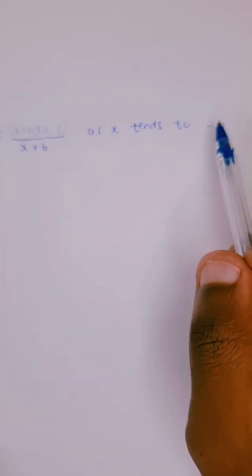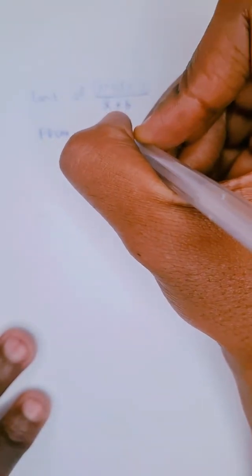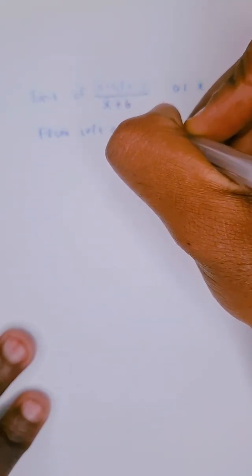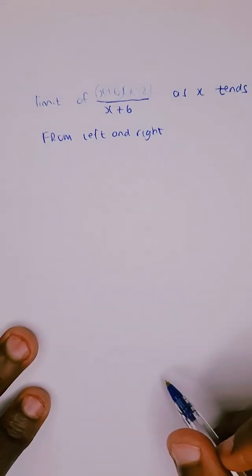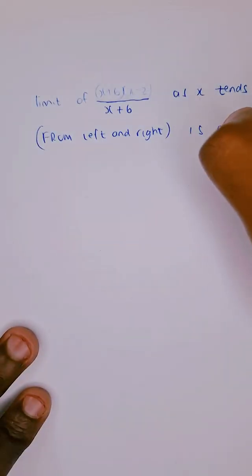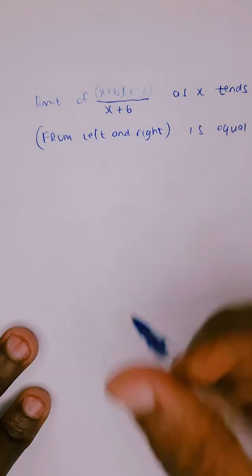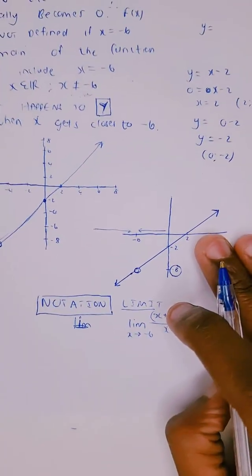Okay, and when you say x is tending to negative 6, we are speaking from both your left and right, guys. Is equal to negative 8. That's how you read what I just wrote down. This is read as that.